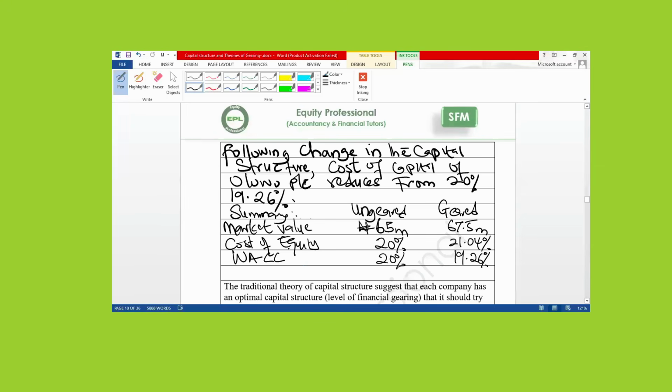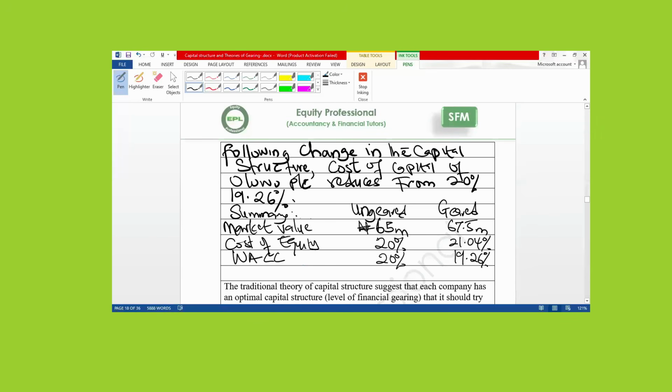Cost of equity. When the company is ungeared, cost of equity is 20%. As soon as the company introduced gearing, cost of equity rises.